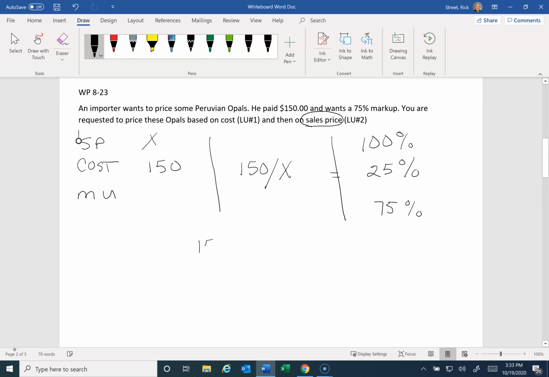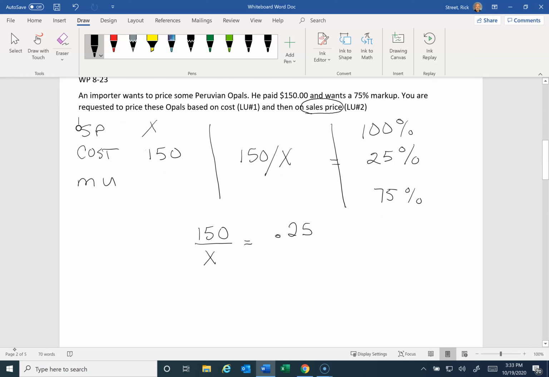It's 150 divided by X equals 0.25. Now, in a math problem like this, you have to take the X and multiply it by the 150 and by the 0.25. So what you end up with is 150 equals 0.25x. So 25% of our sales.